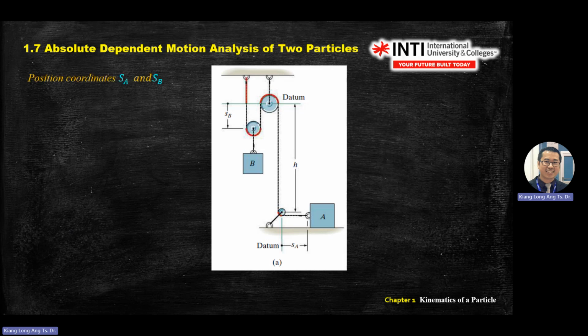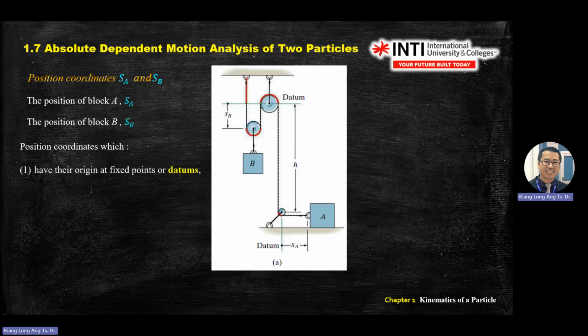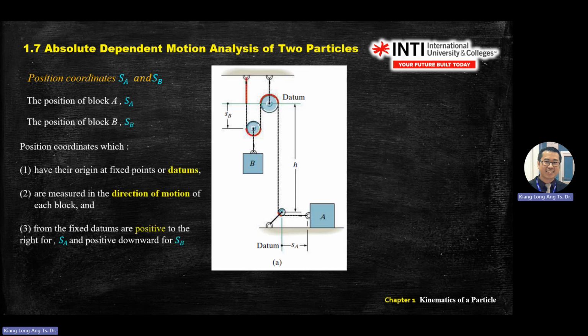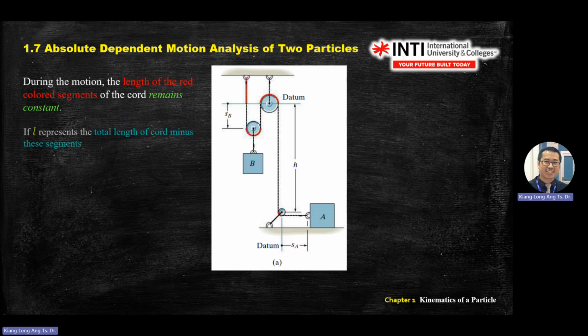Okay, so still the same. First step, you calculate the total distance. This one you read. Total will be what? Total distance of the length of the rope from datum.